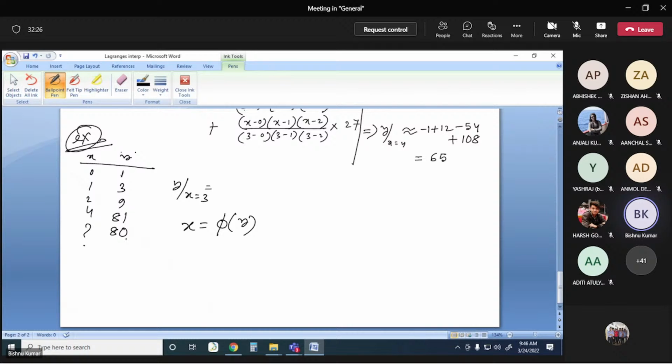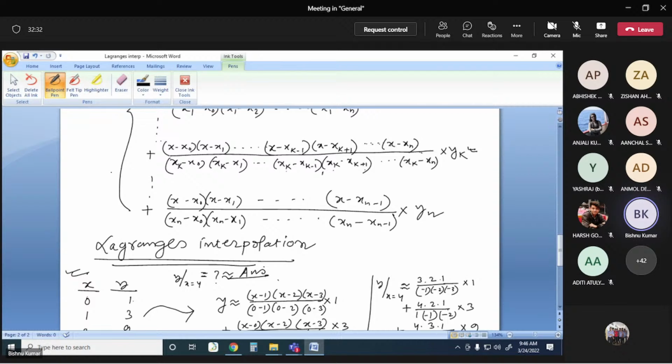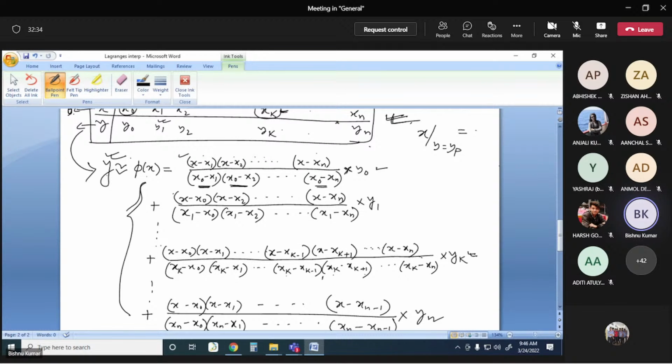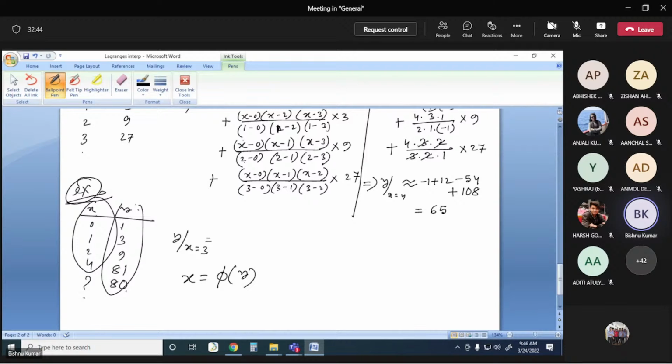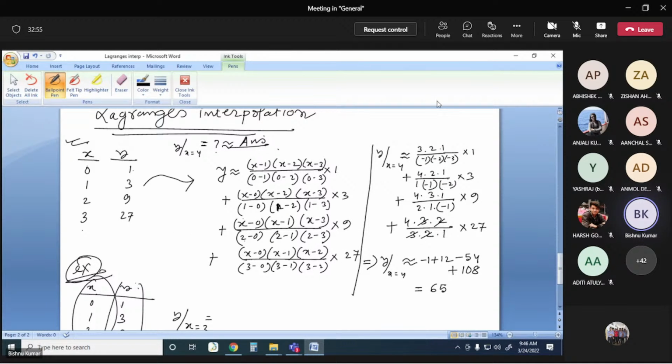You consider these values as the x values, these values as the y values, and in the same way you replace x by y or y by x and establish x equals function of y in inverse way. That is the plus point. Drawback is lots of binary operations. Otherwise, for the unequal space, you just try to use divided difference interpolation. And for the equal space argument, Newton forward and backward.